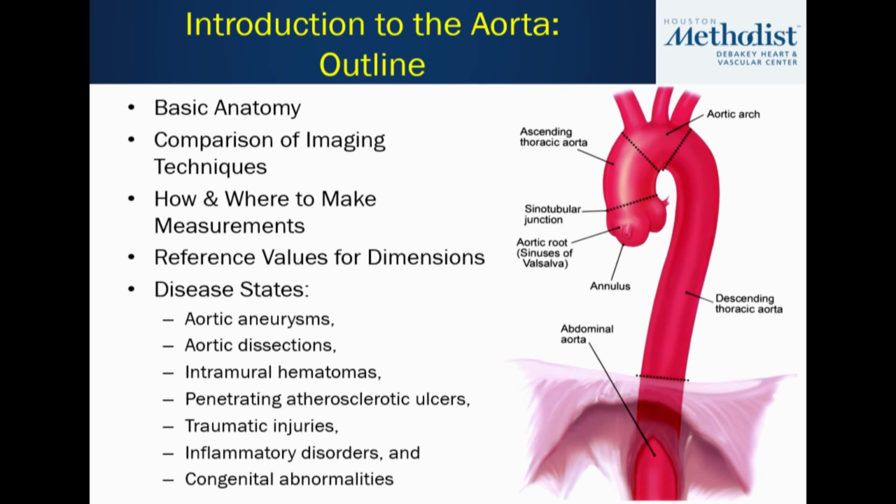We'll discuss some reference values for dimensions. And then finally, we'll get into the different disease states of the aorta, which includes, of course, the acute aortic syndromes, aortic aneurysms, some inflammatory disorders and some congenital abnormalities. So I think a pretty full course for today.